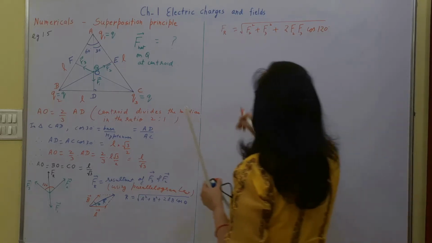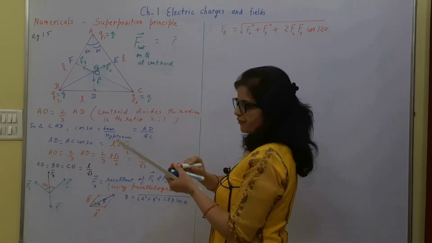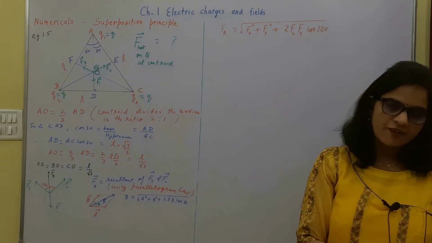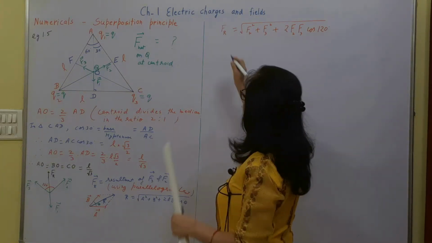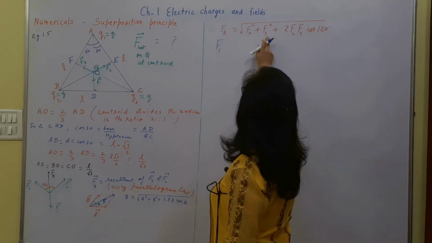So, this we can put the values. We will first find F1 magnitude, F2 magnitude and F3 magnitude. Let's find this. So, F1 magnitude, these are the magnitudes only.